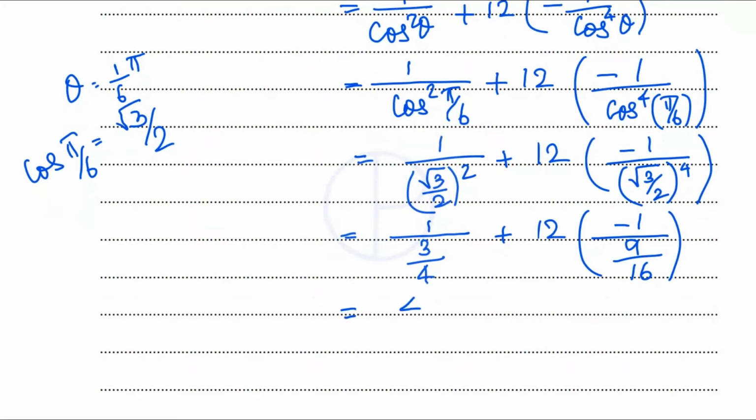So this can be written as 4 over 3 and this is minus 12 multiplied by 16 divided by 9.